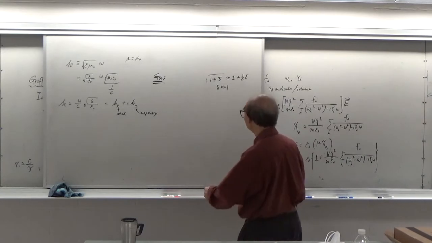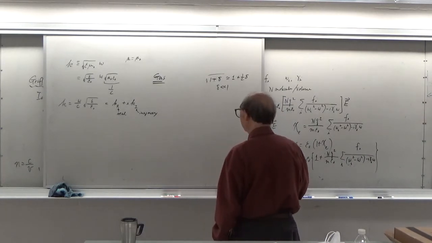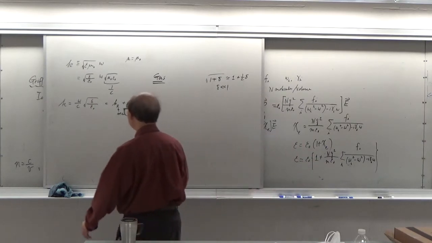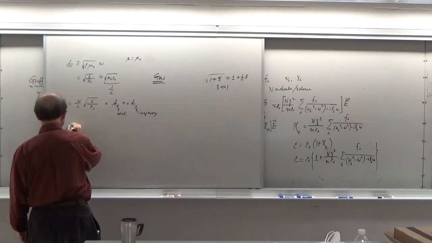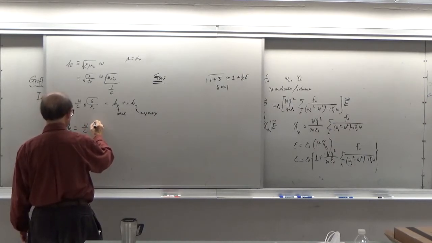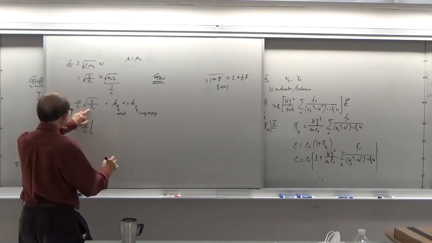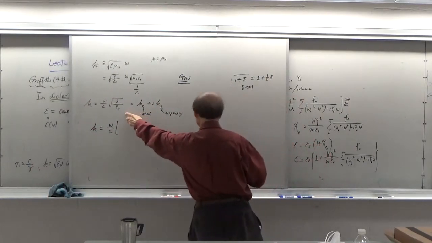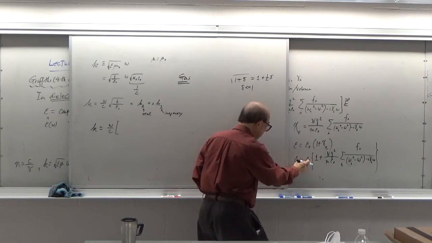Then things will become much simpler. All right? Okay, so let me write down k first. k is omega over c times the square root of epsilon divided by epsilon naught. Good. Cancel this out.